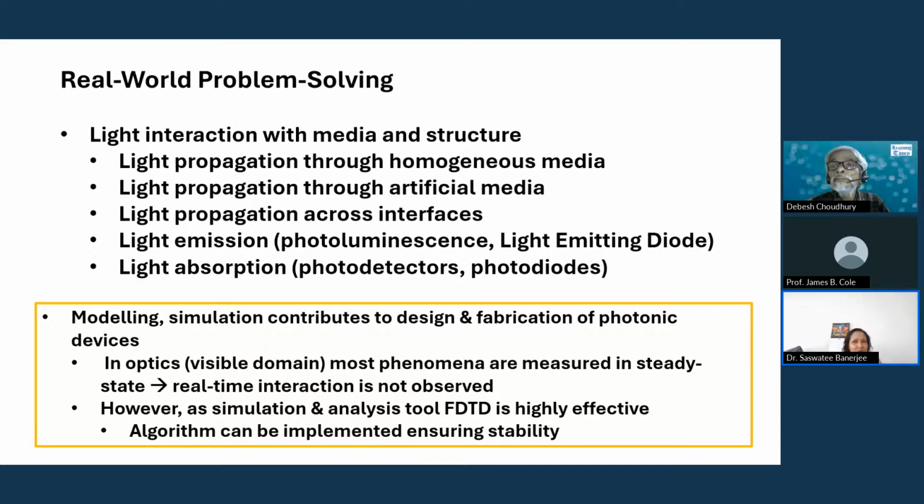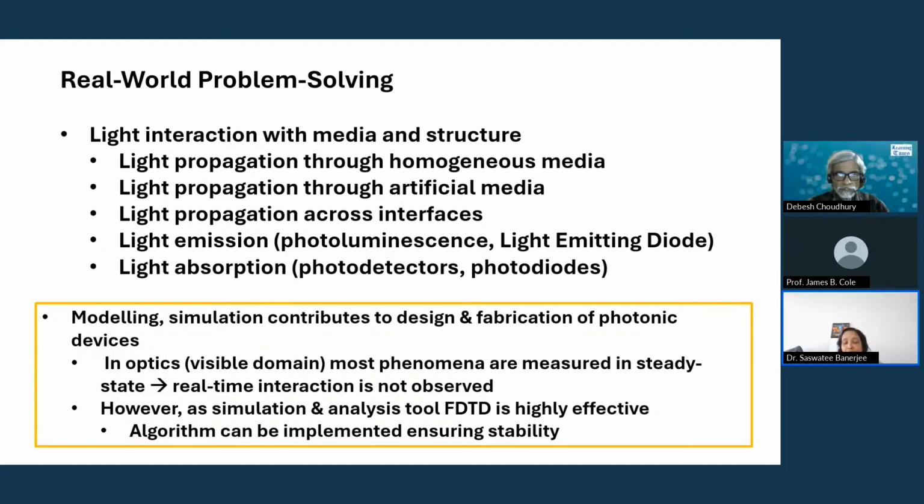However, in most optics measurements, we don't measure that. We deal with steady state phenomena. When you deal with steady state phenomena, you don't need to do finite difference time domain. You don't need real-time wave propagation. What you really care about, you can solve in the frequency domain. You would argue, okay, let's solve it in the frequency domain and see the final result.